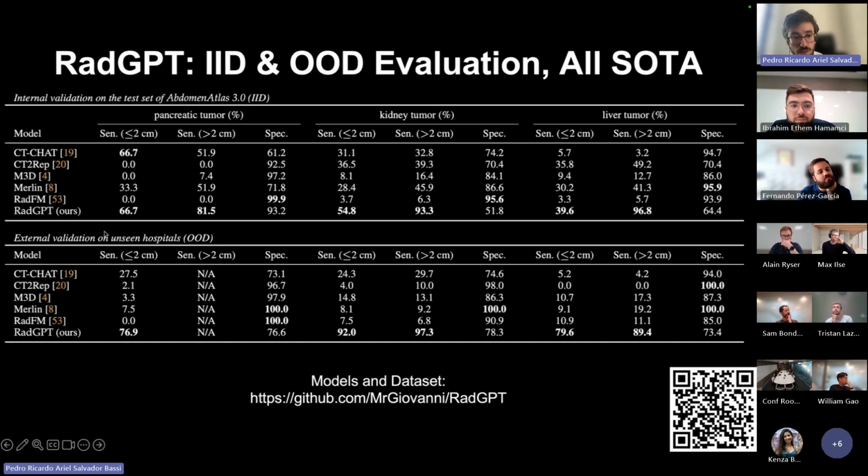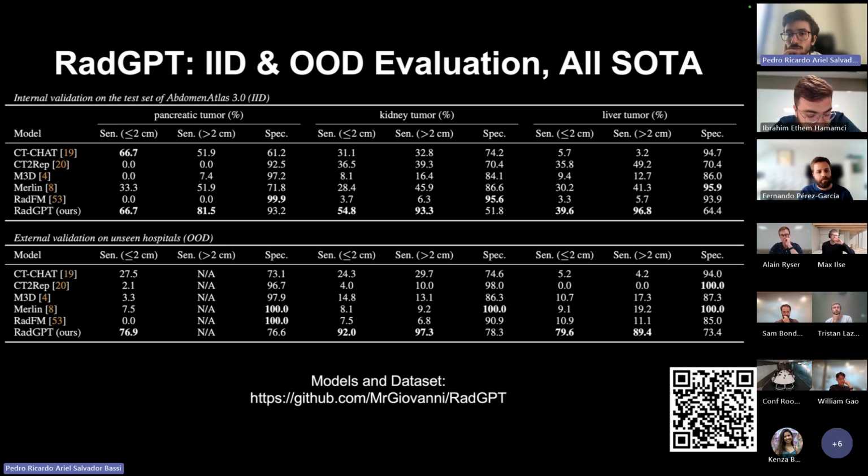This one below, the external validation, comes from a totally unseen hospital, UCSF. No CT scan of this hospital was used for training. So that's why it's a more difficult evaluation. You need to generalize better to another population of patients, another type of CT scanner, for example, to be able to perform well in this second dataset.